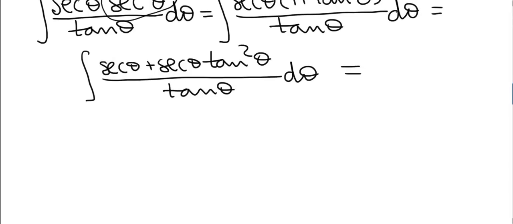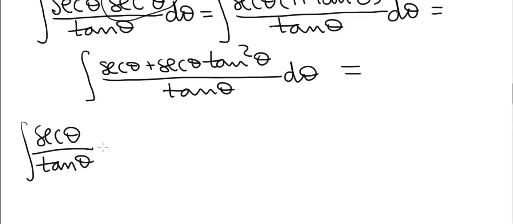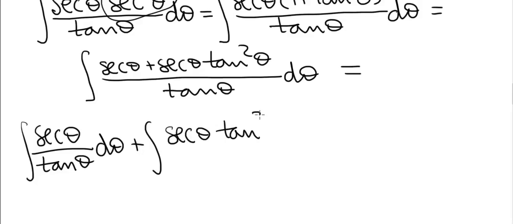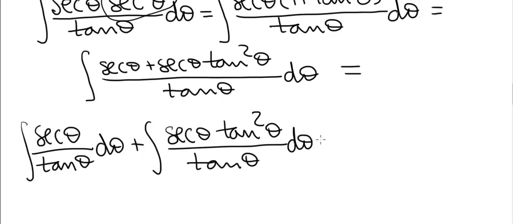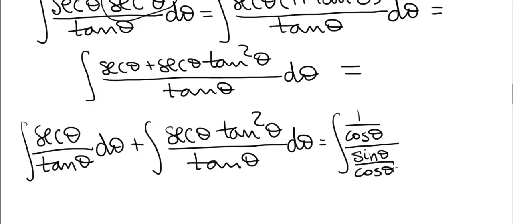The first one is going to be the integral of secant theta over tangent theta d theta, plus the second, which will be secant theta times tangent squared theta divided by tangent theta d theta. Now let's simplify this. In the first integral we can express secant as 1 over cosine divided by tangent, which is sine theta over cosine theta d theta.